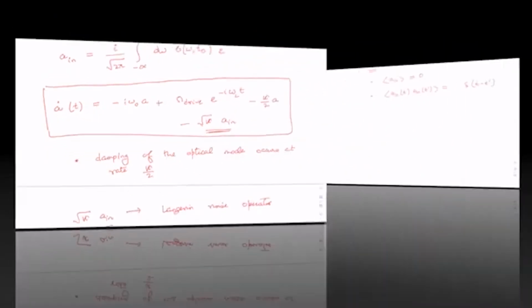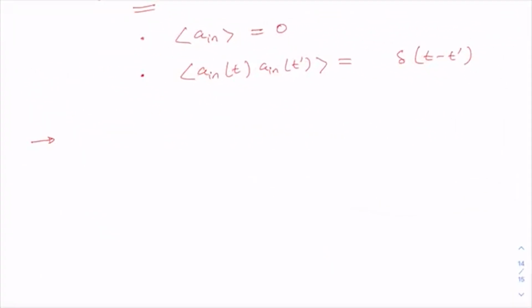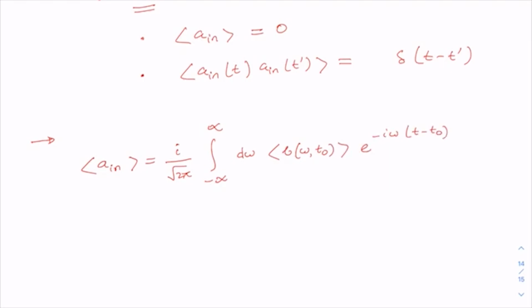So let us actually prove it. If we assume that the bath is in a thermal state, then we can write the expectation value of a in is equal to i by square root of 2 pi, integration minus infinity to plus infinity d omega, the expectation value of this annihilation operator, e to the power minus i omega t minus t0.